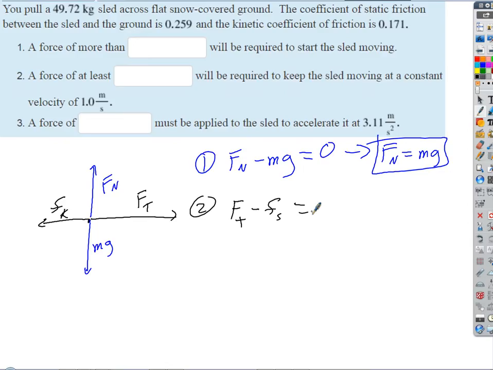Is it actually accelerating? No, it's not, is it? When we're just breaking it free, we're just getting to the point where we're going to overcome that static friction that's preventing it from accelerating, right? So this too is actually equal to 0, right? Does that make sense? Okay.